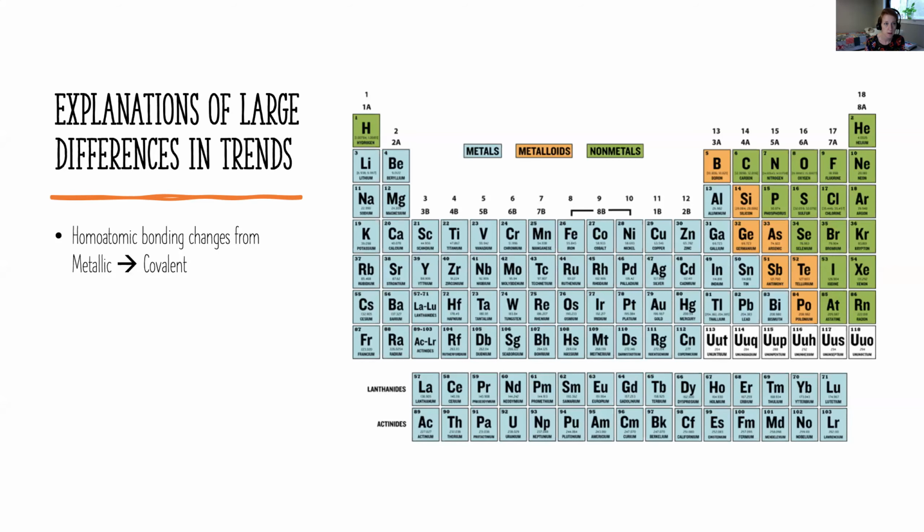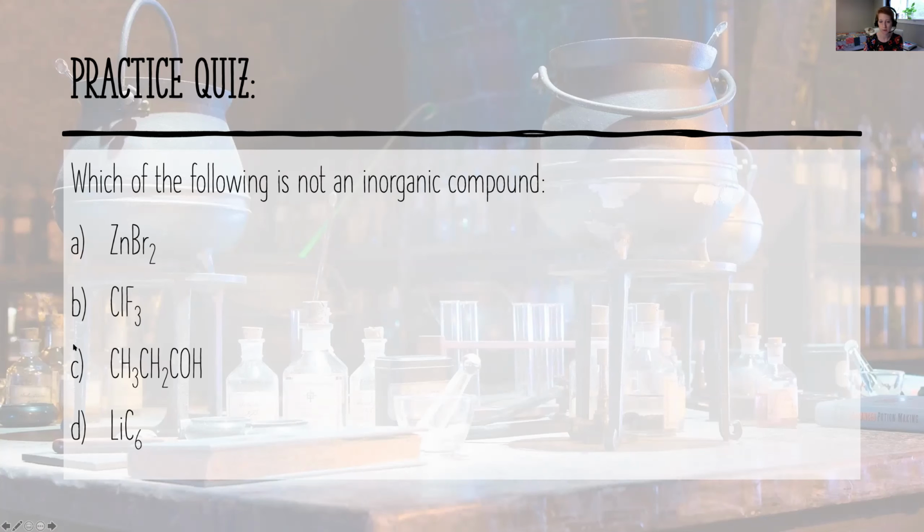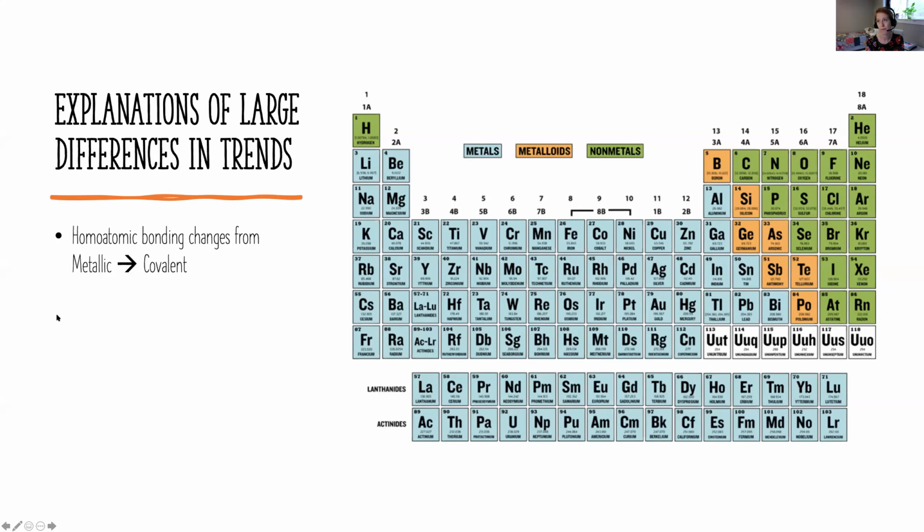Okay, so let's talk about why there are such large differences in trends on the periodic table, because it's grouped so nicely. Why would we try to talk about trends if there really aren't very good consistent trends? As we go from left to right in this periodic table, your homoatomic bonding is going to change from metallic to covalent.